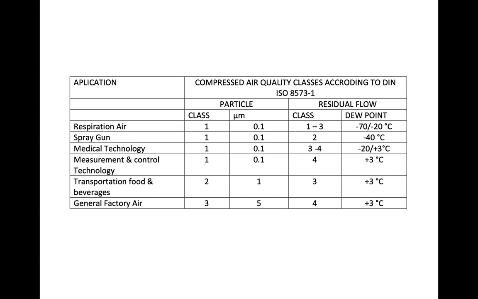This standard divides the air quality in classes, from 1 up until class 7. The best class is class 1, then class 2, and so forth. This is the hierarchy of the classes, and the relation between application and class.